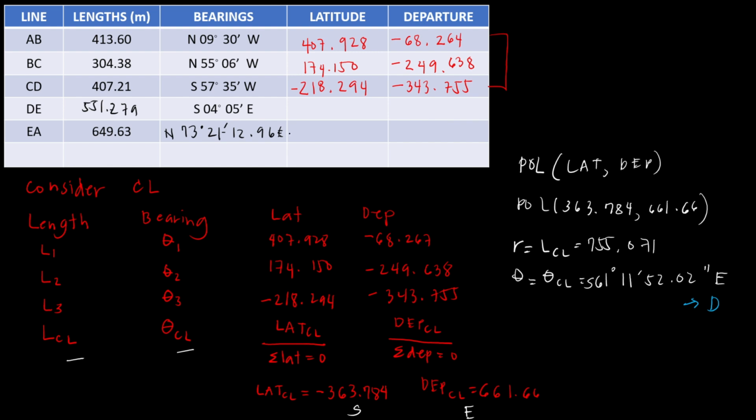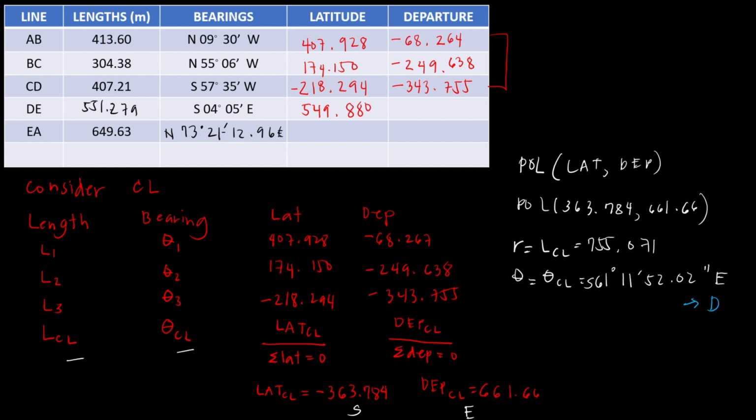So, dito una, this is 51.149. And then yung departure niya is 551.279. So this is 549.880 na lang.